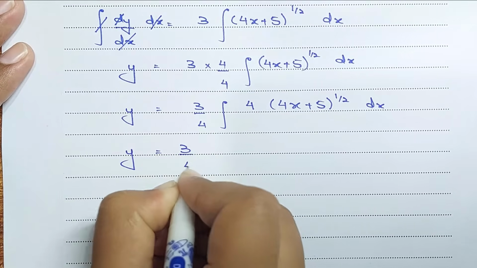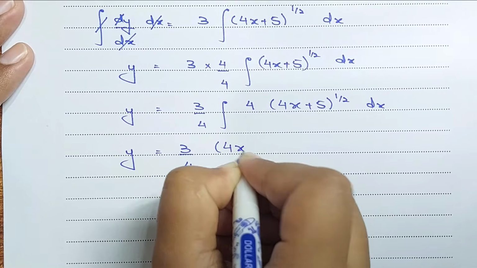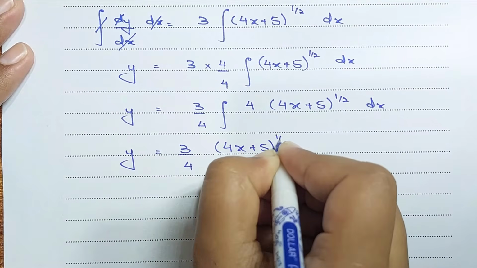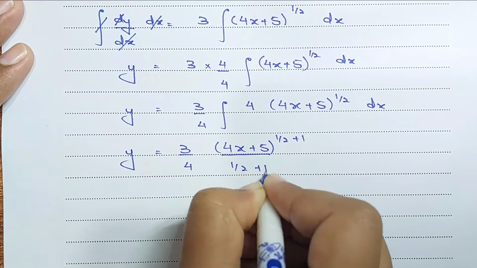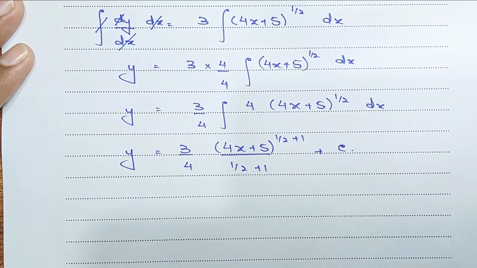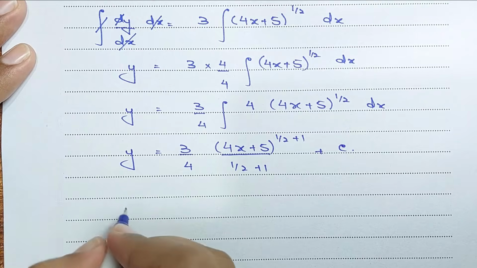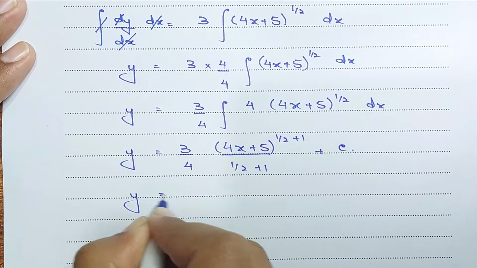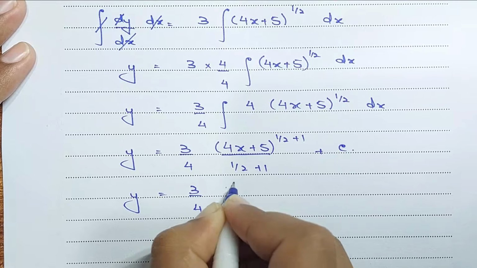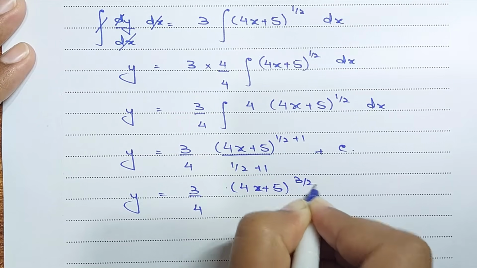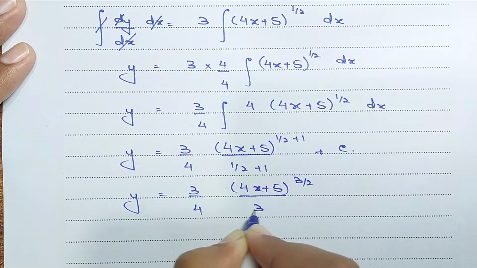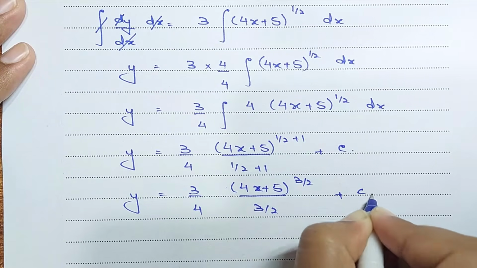We have 3 by 4 and 4x plus 5, its power is 1 by 2 plus 1, over 1 by 2 plus 1, plus some constant of integration. 1 by 2 plus 1 is 3 by 2. So y would be 3 by 4 times (4x plus 5) to the 3 by 2 divided by 3 by 2, plus some constant of integration.